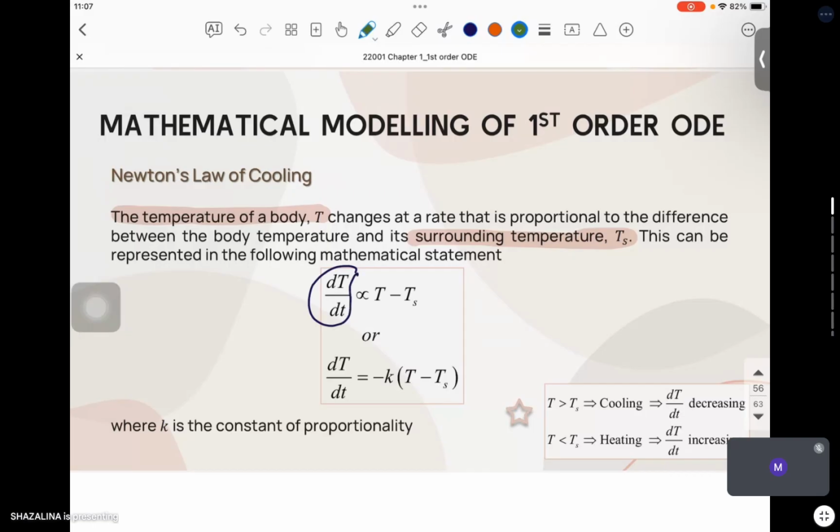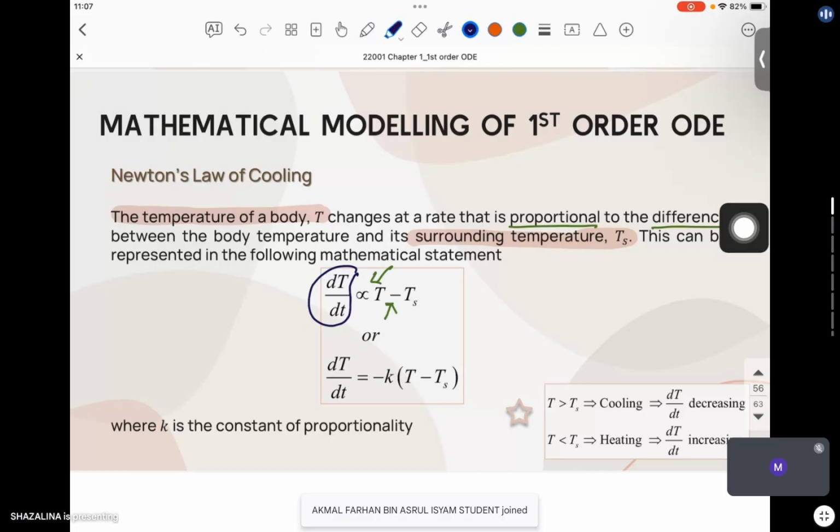Proportional here represent as this symbol. Different here represent the minus symbol. Different in between what? Body temperature and the surrounding temperature. So body temperature mana? Surrounding temperature mana? So this is the body temperature, surrounding temperature.